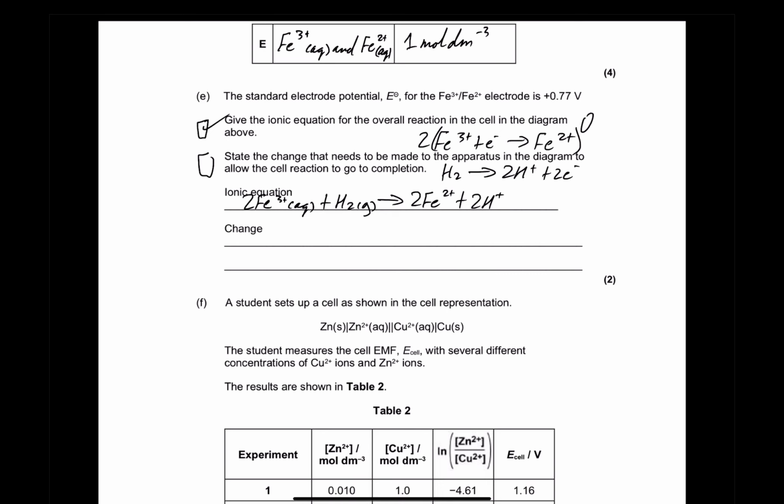That's the scientific term for it. So replace the voltmeter with a lamp. We could use any other type of appliance though, but the easiest one I know, everyone knows what a lamp is, and that's going to be using up electrons. That's going to make the reaction go to completion.